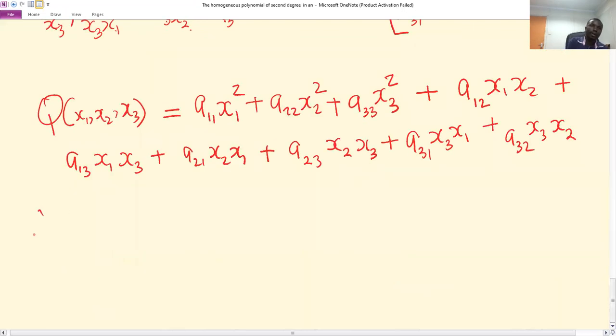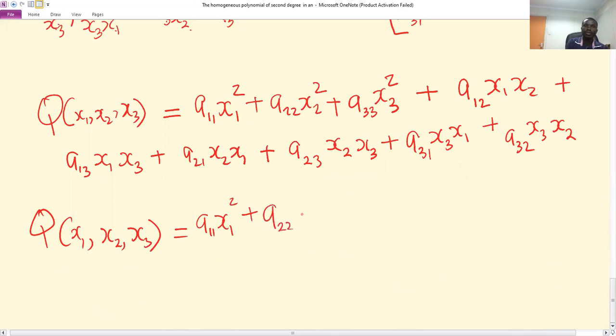Now you can write this one as your quadratic form of x1, x2, x3 is nothing but A11 x1 squared plus A22 x2 squared plus A33 x3 squared plus, now you see product x1, x2 is the same as x2, x1.